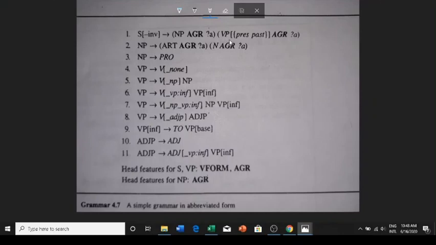What is meant by a head constituent? A head constituent is the constituent which shares some features with the mother. In the case of S and VP, they share some features, known as head features.